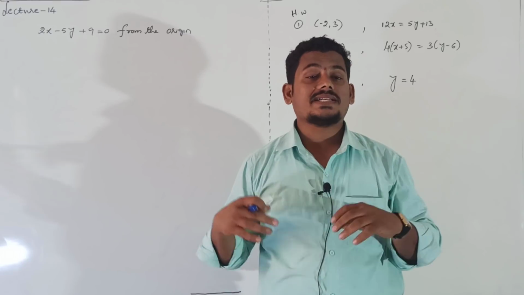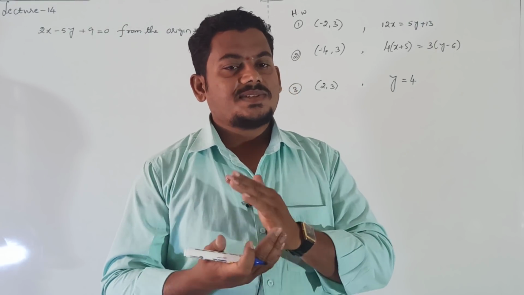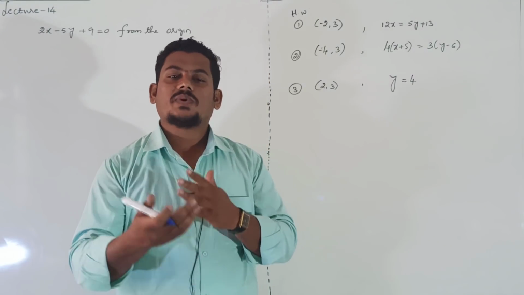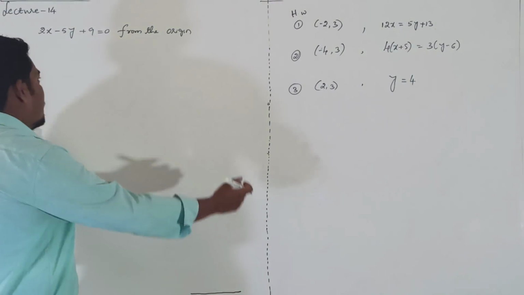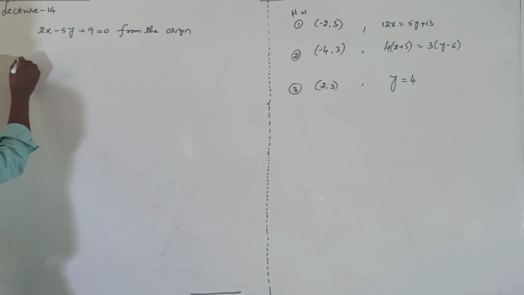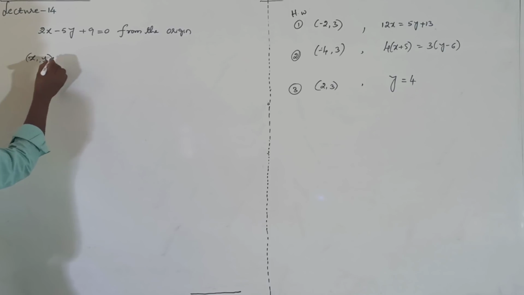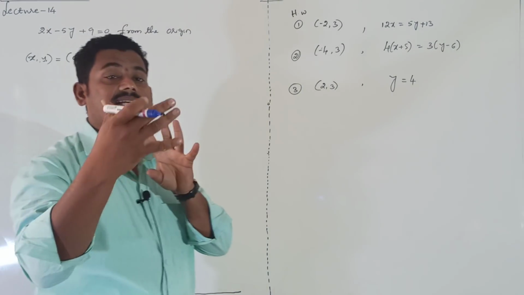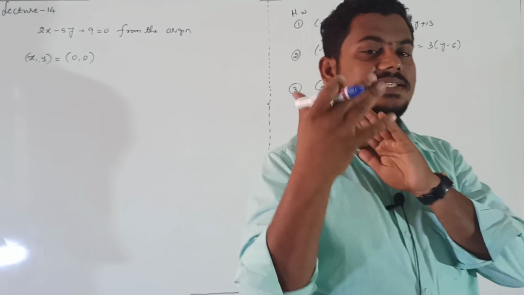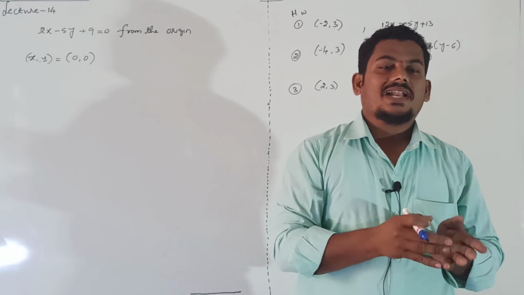How can you find the distance of the line from the origin? Same formula only, distance between point and line formula. Why? Because the origin itself is one point. In this case, (x1, y1) is equal to the origin, because we are finding the distance of the line from the origin.